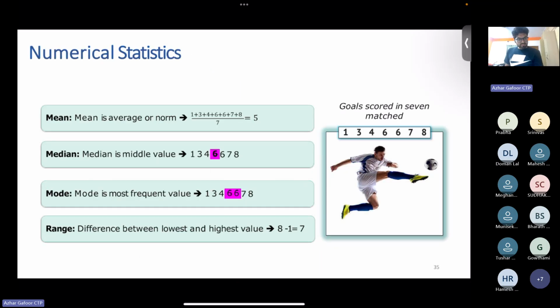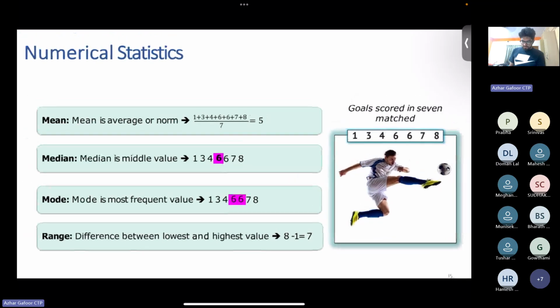These are the numerical statistics that we're talking about. Mean is the mean value of the total sample. Median is the middle value. Mode is the most frequent value. One thing about the mean: let's say we have this example, 1, 3, 4, 6, 6, 7, 8, the same numbers in all cases. But when calculating the mean, somehow instead of 8, we entered 18.